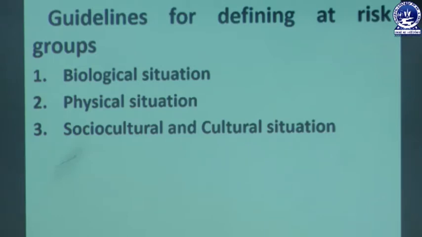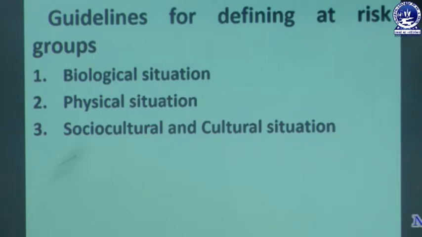And in sex, for example, females in the reproductive age period are meeting different health issues. Then physiological state, for example pregnancy, cholesterol level, high blood pressure; due to these, risk groups of people suffer from different diseases.